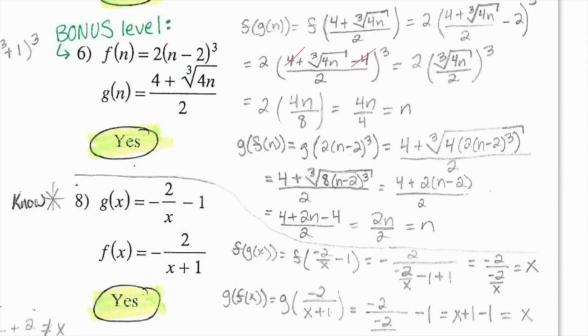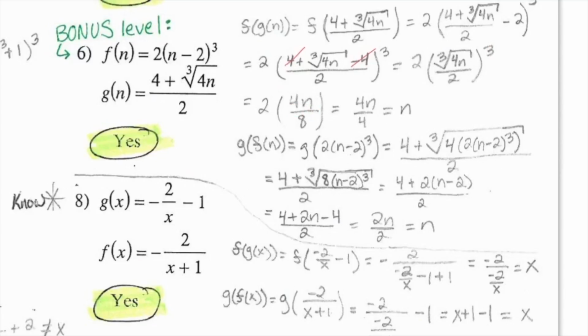And then when we cube something that has two parts to it, it's a fraction, so we've got our cube outside and we've got a numerator and a denominator, we need to make sure that we are cubing the cube root. As you know, this cube and the cube root, just like squaring a square root, are going to undo each other and just leave you with the expression underneath, which is 4n.